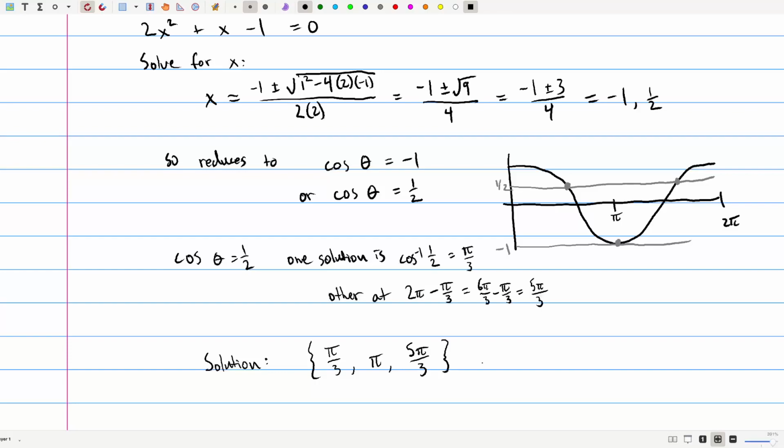So we've solved 4 different trigonometric equations. And just to say the main idea again, you solve for the trigonometric function. And then my method is that you plot that trigonometric function and then analyze where the intersection points are with horizontal lines for the particular values it's supposed to equal.